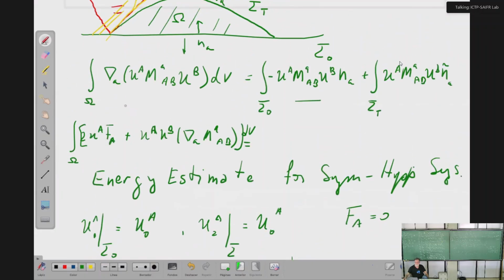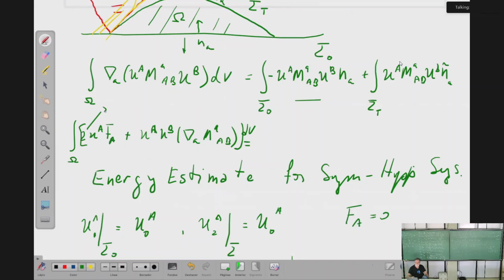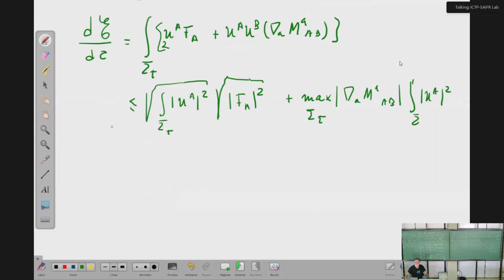I was forgetting these 2, because that makes the calculation easy. So here we have 2, some number times some other number. So I can estimate this by this square. So I have sigma tau u_A squared plus this other term, the square of this.